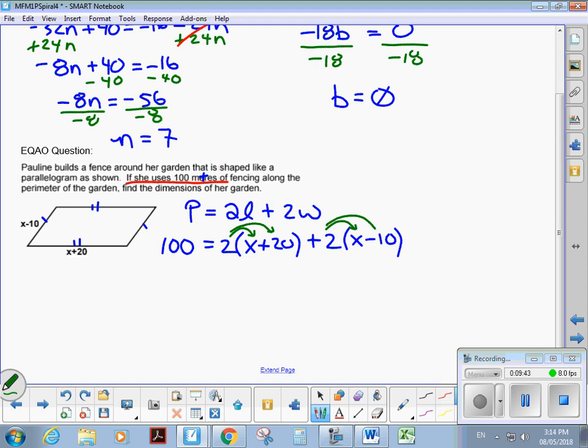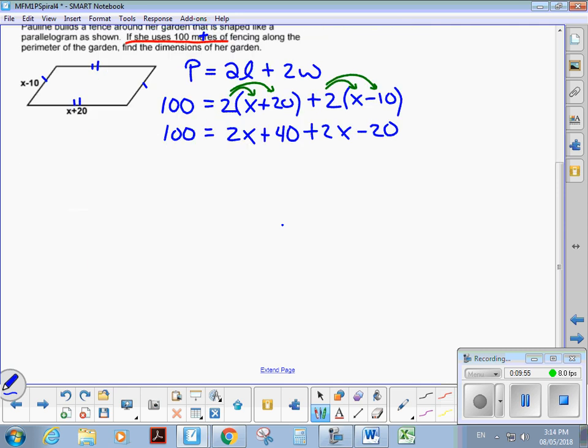Process stays the same, get rid of brackets. So 100 equals 2x plus 40 plus 2x minus 20. And as I've said before, you want to gather up any like terms on the same side. So we have x's, I've got numbers.